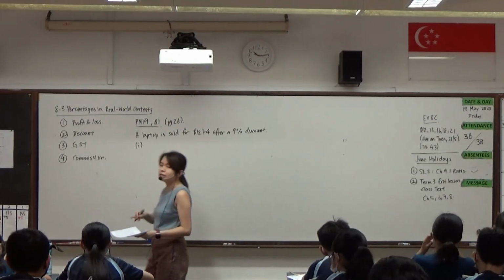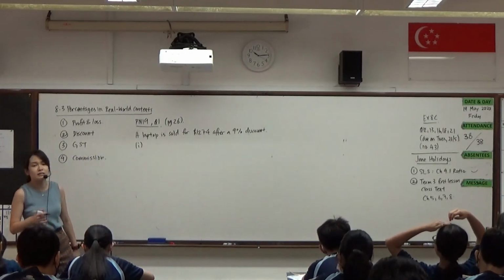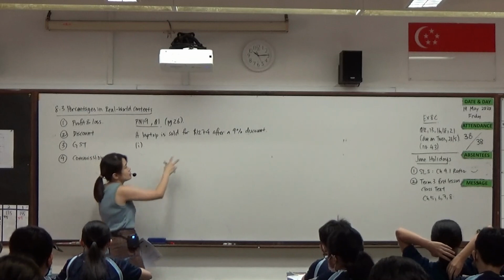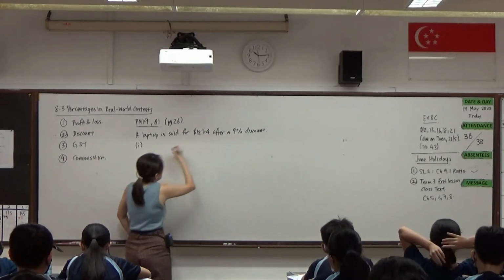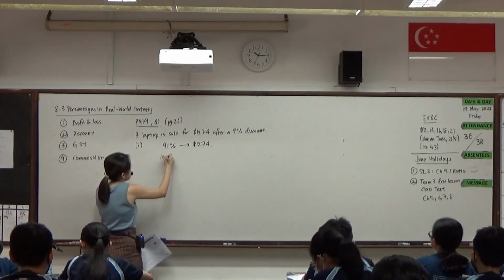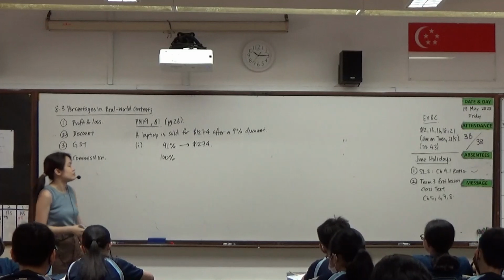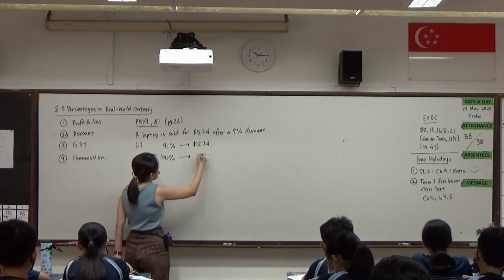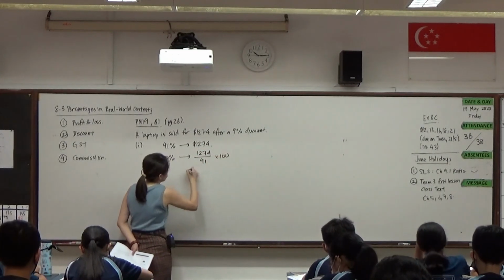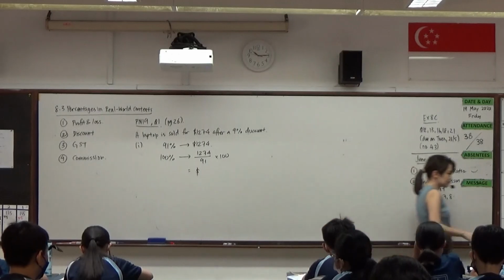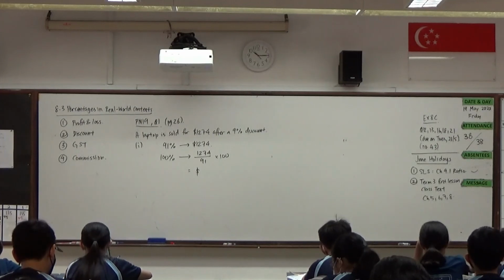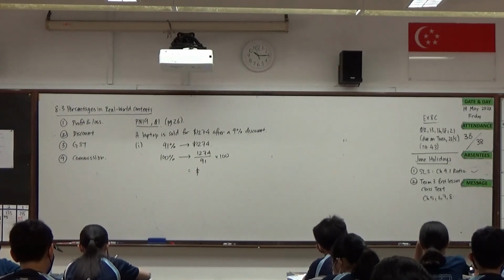This means that our 1274 corresponds to what percentage? This is how many percent? 91%, right? Because this is after a 9% discount. So 91% is your 1274. And since you're trying to find the mark price, we are trying to find 100%. So therefore, we will take 1274 divided by 91 times 100. And we will get the value of $1,400.